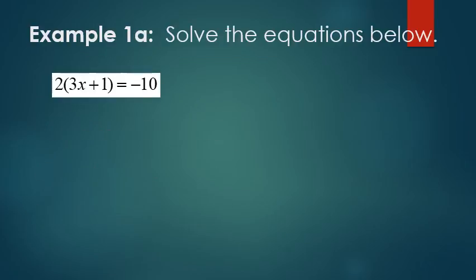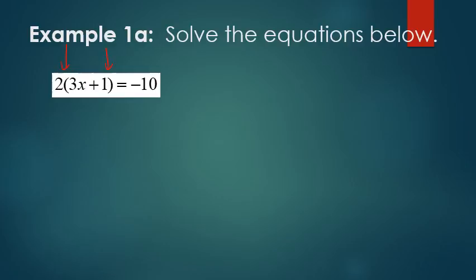All right, so here is example number 1. A dead giveaway that this is going to be a distribution problem is these parentheses. Whenever you see parentheses in a problem, you know that first off, you have to make sure that you distribute and get rid of those parentheses.